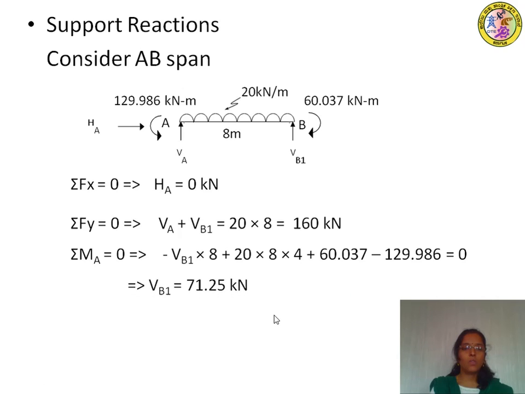This implies VB1 is equal to 71.25 kilonewton. Therefore VA value will be 88.75 kilonewton. So that is for member AB.